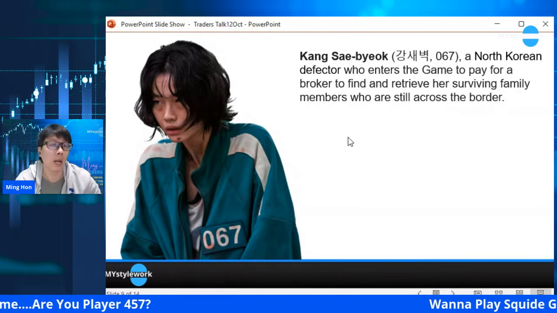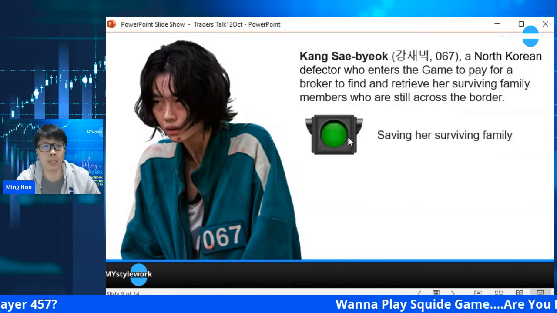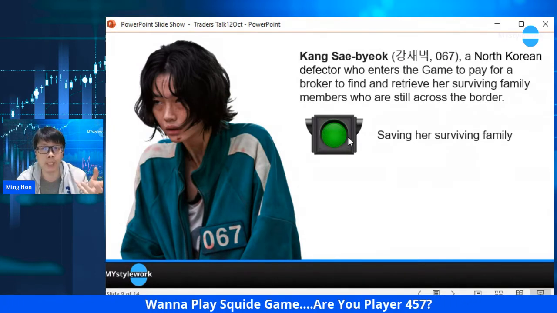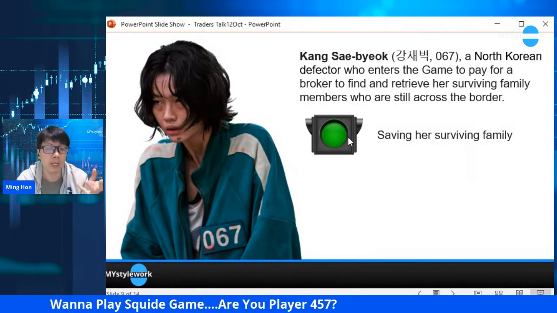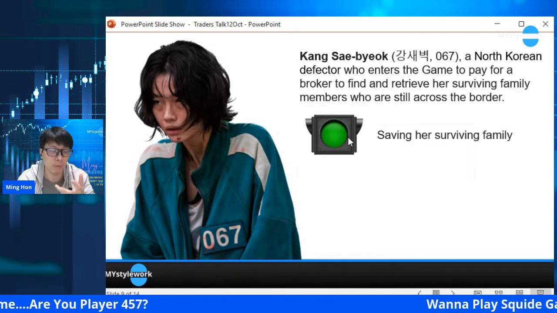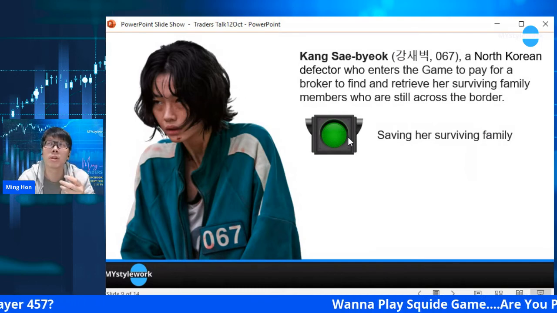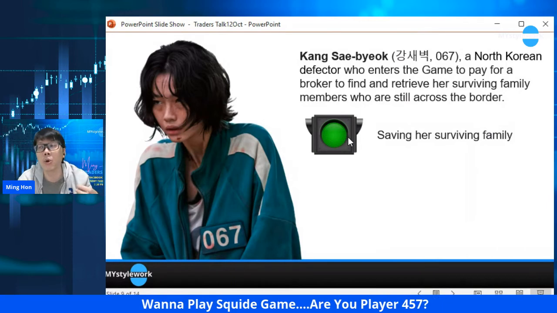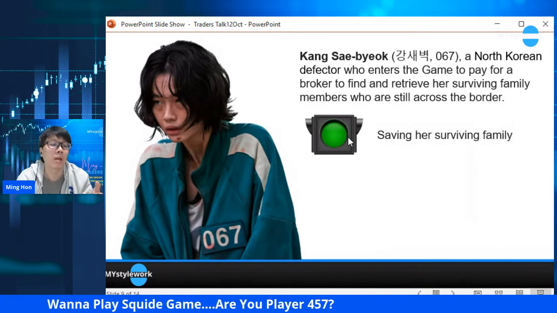Yes, yeah. And of course, the good thing for this girl is she wants the money to save her family. Yeah. So the thing is, prepare for the rainy day lah, because you do not know when you actually need money.